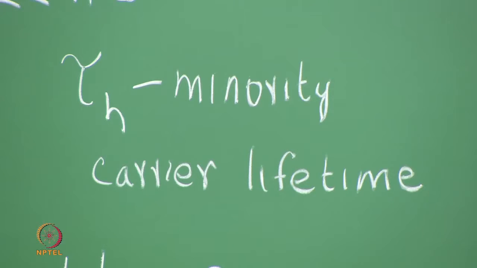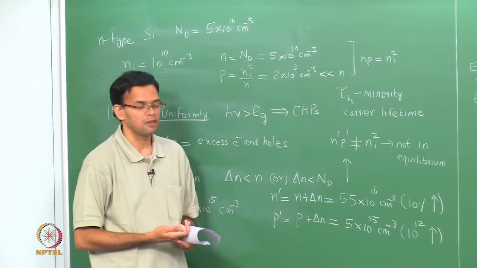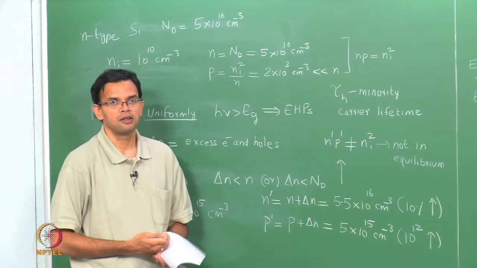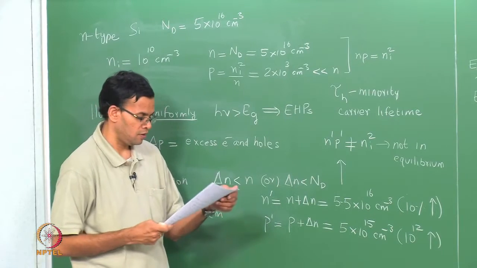So, tau h determines how long it takes for the electrons and holes to recombine, so that we go back to the equilibrium situation.